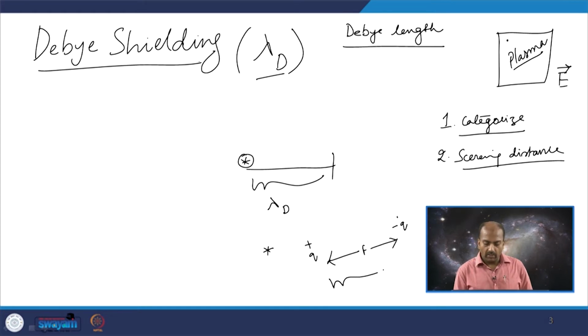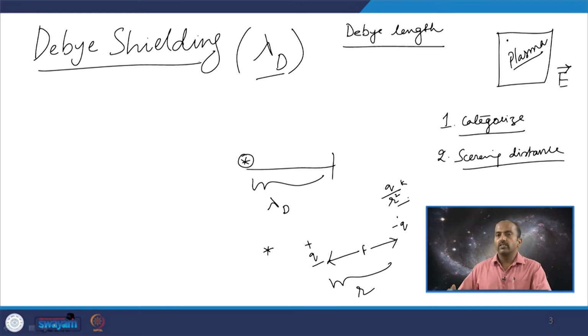But in plasma physics, let us understand this in terms of electric field. The electric field exerted by this positive charge is k q by r square. As the distance goes very large, it drops as 1 by r square, which is a very fast decay, but no matter what, the electric field will always be there.